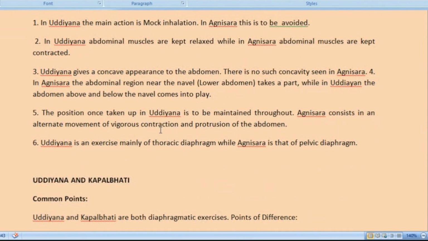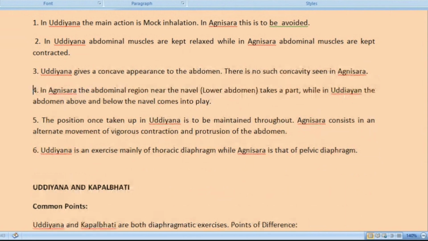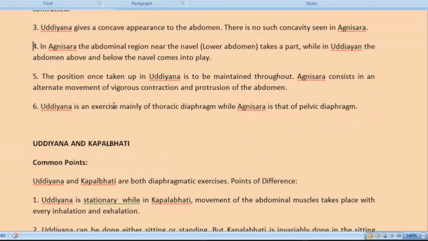Uddiyana gives a concave appearance to the abdomen. There is no such concavity seen in Agnisar. And the fourth point, in Agnisar, the abdominal region near the navel takes part, while in Uddiyana, the abdomen above and below the navel comes into play.